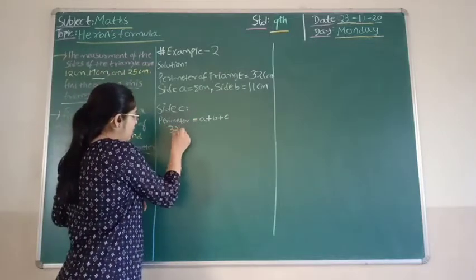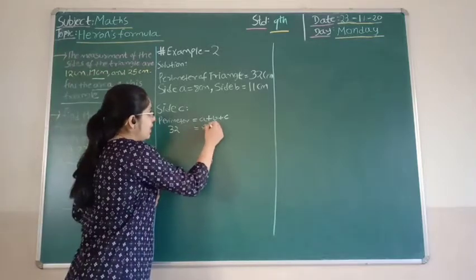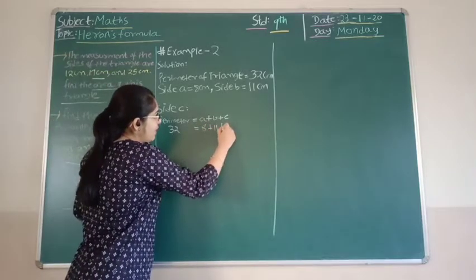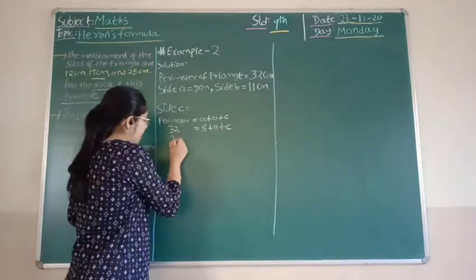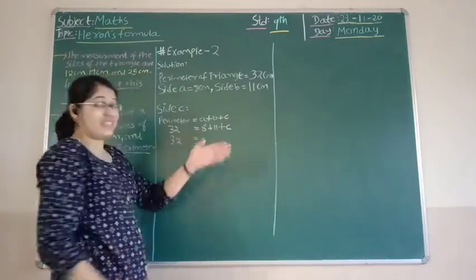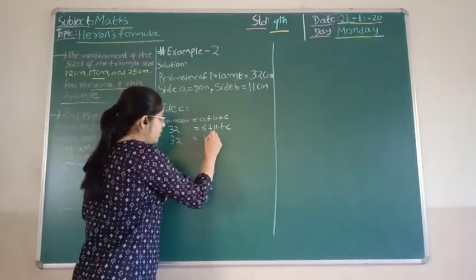Same way A is 8 centimeter and B is 11, and we need to find C. So 8 plus 11 is equal to 19, so I am writing 19 plus C.